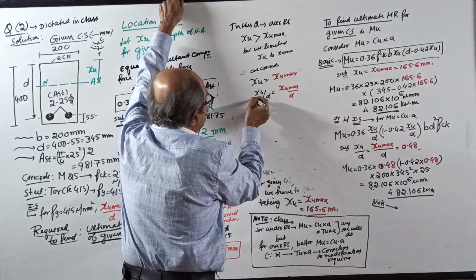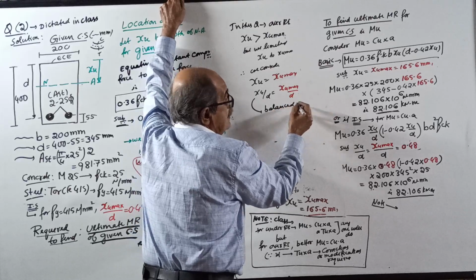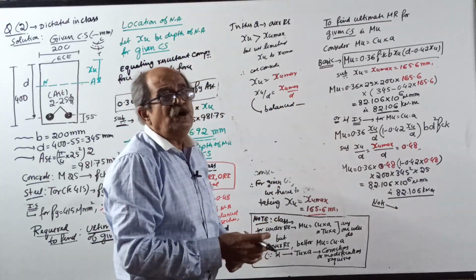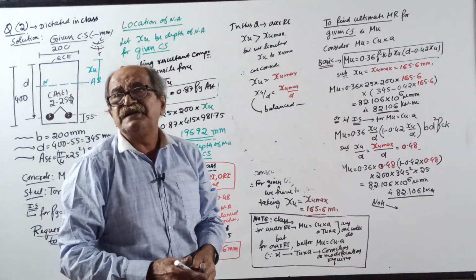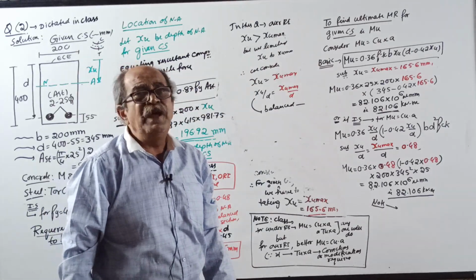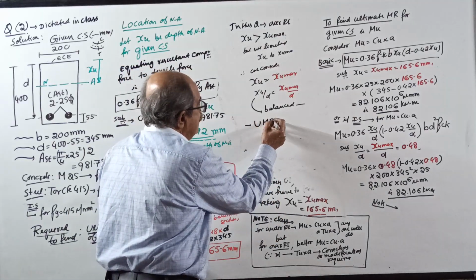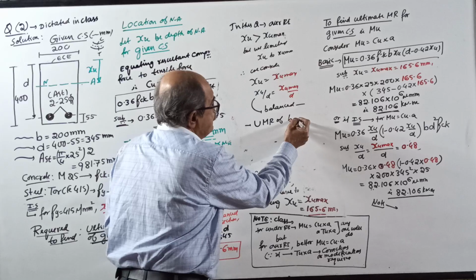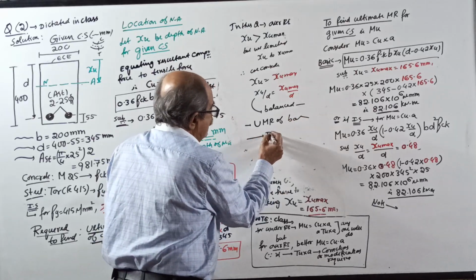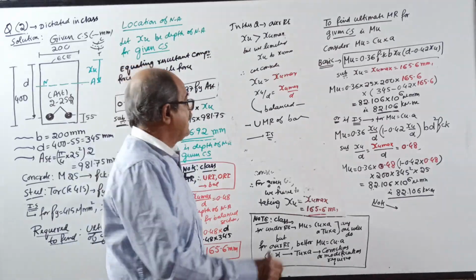Now, this is for a balanced section. IS code does not allow us to consider a strength beyond the balanced section's ultimate MR. IS code refers to this as the limiting MR for the cross section.